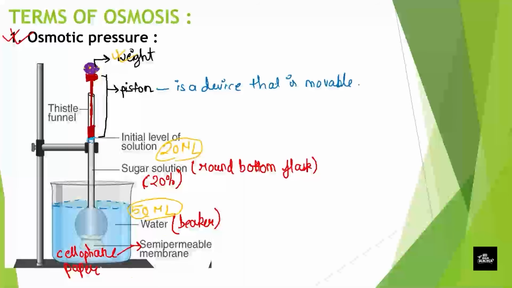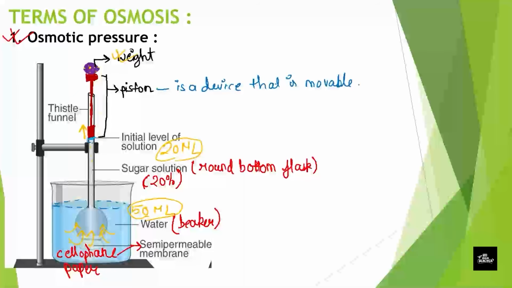Water molecules from the beaker would have gone inside the round bottom flask, crossing the semi-permeable membrane, and then would have come here inside the thistle funnel, and the level of solution would have increased inside the funnel.